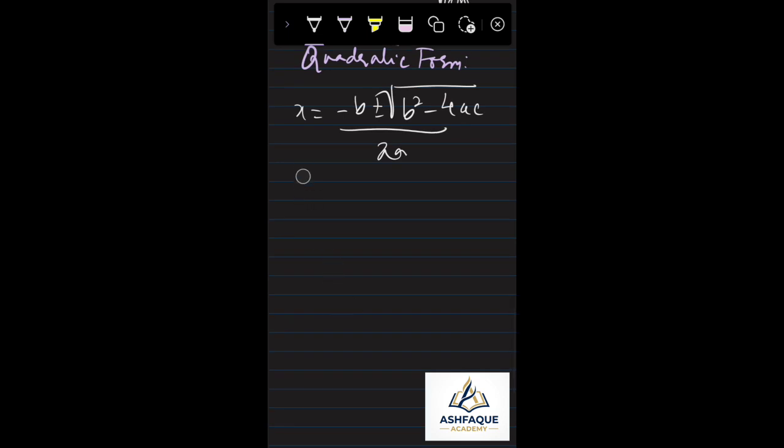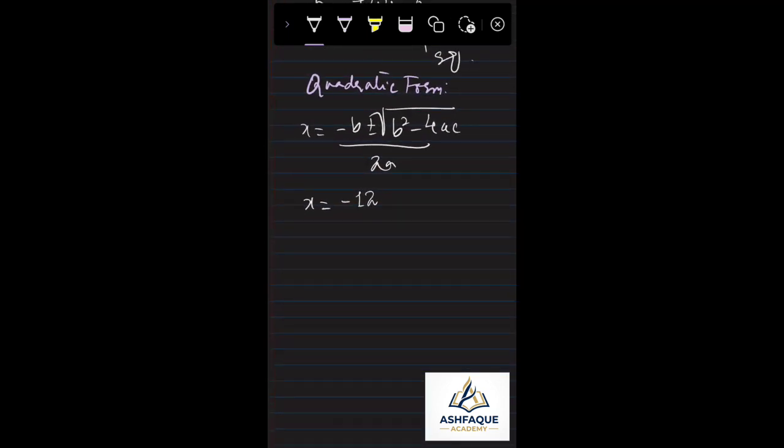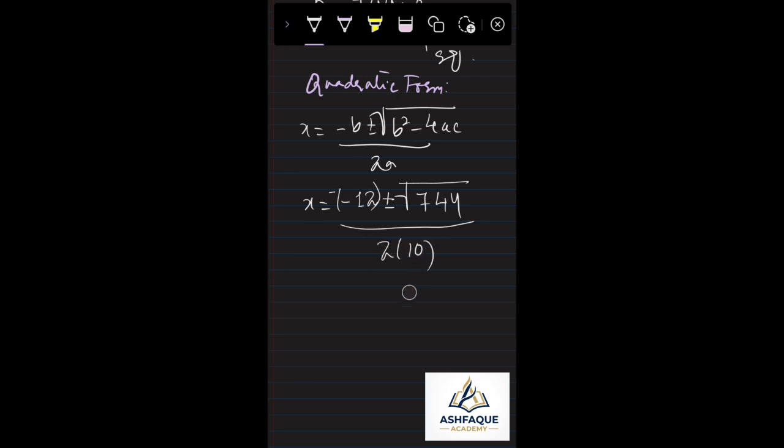So we will put the values, x is equal to minus minus 12, that is 12, plus minus b square minus 4ac, we already found, that is 744, divided by 2 into 10.